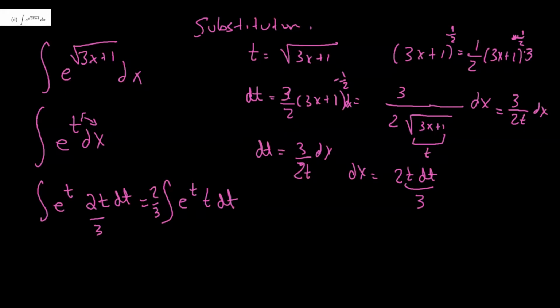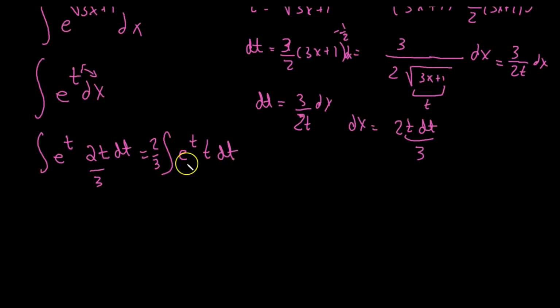Right, so you should be able to recognize that now we have, whenever you have an integral of some variable x multiplied by e to the power of x, this is integration by parts right away.